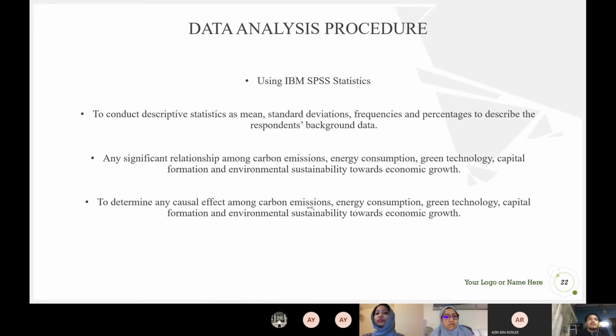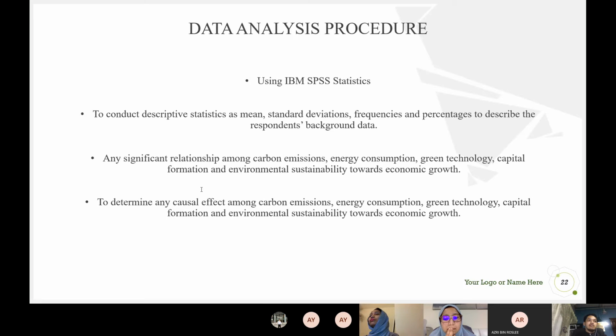As for the data analysis procedure, the data were analyzed using IBM SPSS Statistics for Windows to conduct descriptive statistics such as mean, standard deviations, frequencies, and percentage to describe the respondents' background data, as well as any significant relationship among carbon emissions, energy consumption, green technology, capital formation, and environmental sustainability towards economic growth.